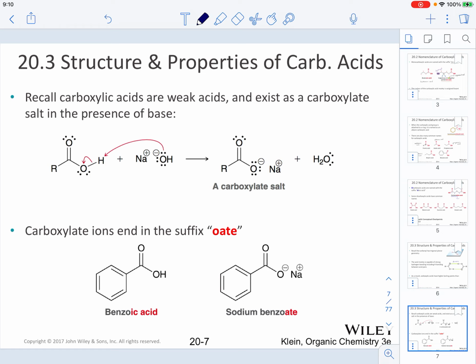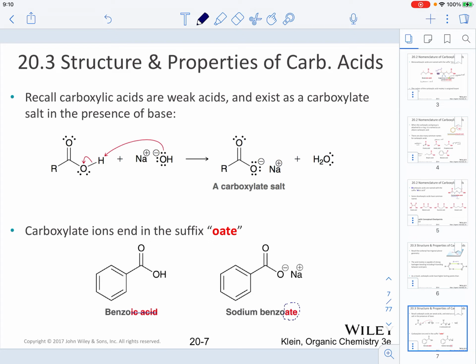Now, when we have a carboxylate ion from a carboxylic acid, or a carboxylate salt, understand that we can actually name those ions. All we have to do is remove the -ic acid ending of our carboxylic acid name and replace it with the ending -ate. So as you can see here, the carboxylate salt of benzoic acid is known as sodium benzoate.